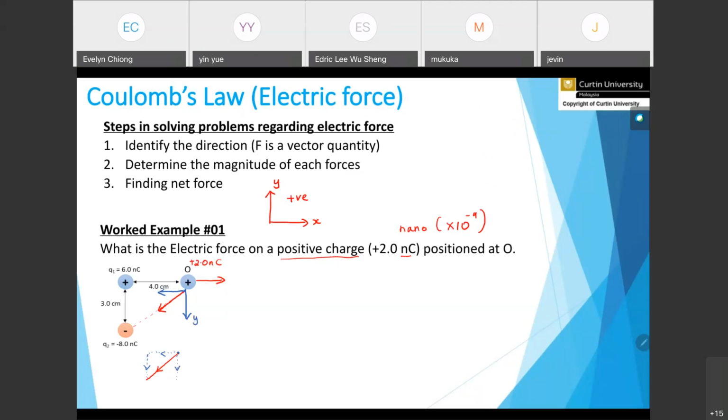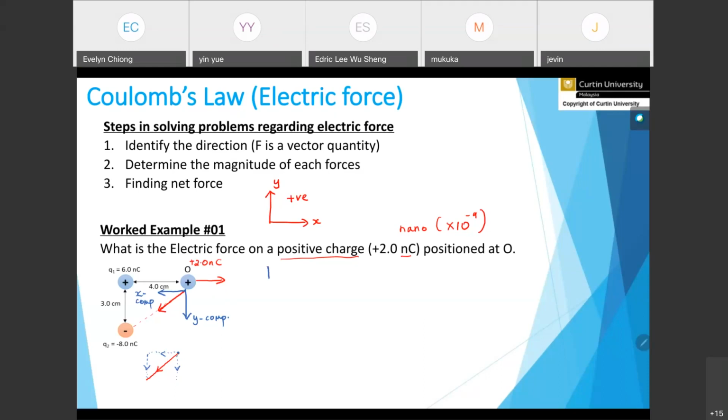So this is the y component. Y is the vertical one, and then the x component is the horizontal one, along the x-axis. So first we want to calculate the magnitude of the electric force.